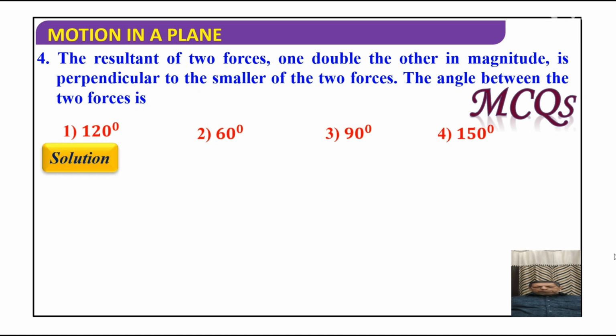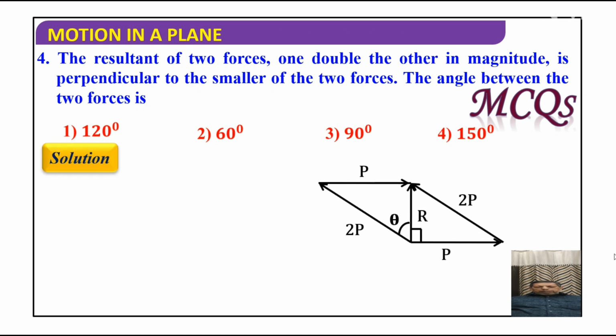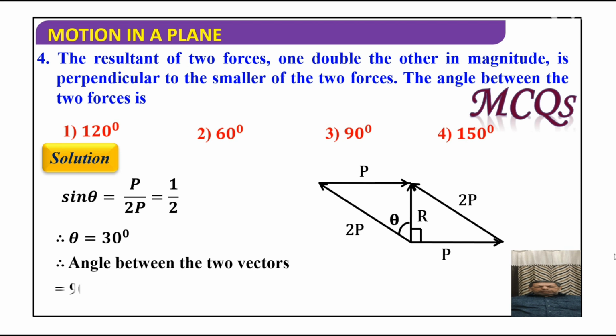Now R is perpendicular to P, perpendicular to the smaller of the two forces, and the bigger force is 2P, and the angle between the resultant and 2P is theta. P to R is a 90 degree angle, and P upon 2P is equal to sine theta. P cancels, 1/2, so sine theta is equal to 1/2, meaning theta is equal to 30 degree. 90 plus 30 gives 120. So the correct answer is first.